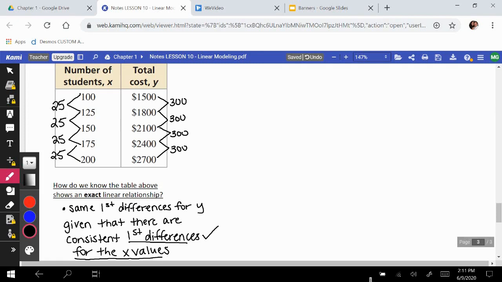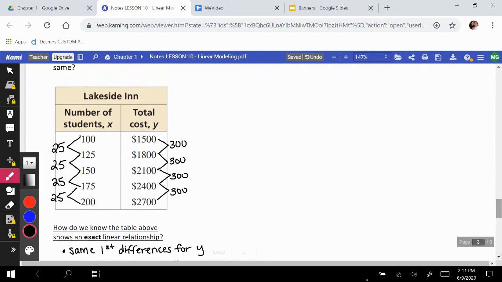Okay, so we're going to use this information to find the equation for Lakeside Inn. I'll just label this Lakeside. Do I know the y-intercept? No, I don't right now. I could work my way backwards if I wanted in order to get 0, something. Or I think it might just be easier to use point slope formula.